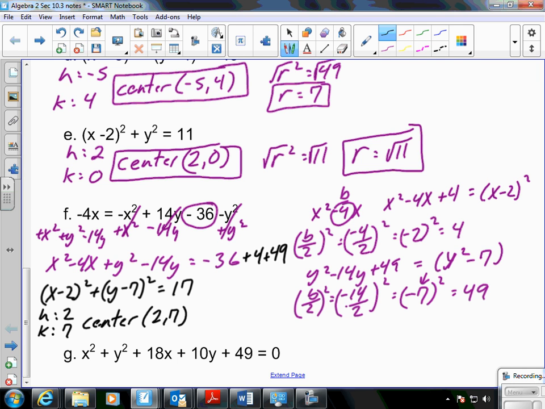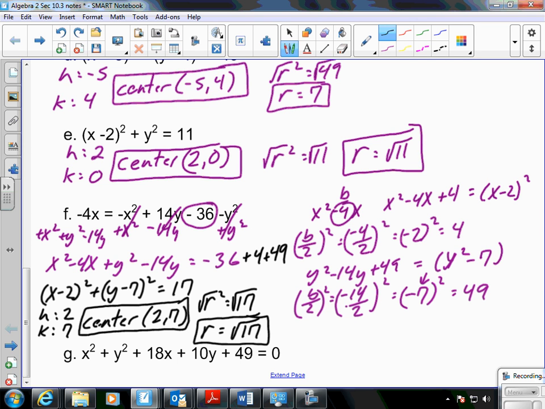And then our radius squared is going to equal 17. Take the square root of both sides. 17 is a prime number. It's not going to get any simpler, so our radius is just the square root of 17. So center of (2, 7), radius of square root of 17.